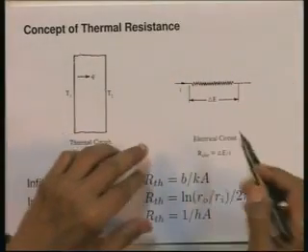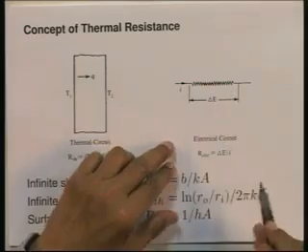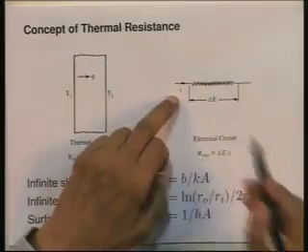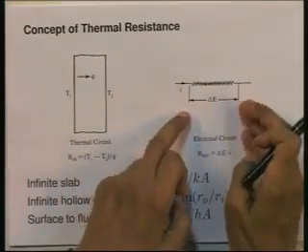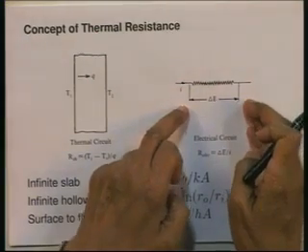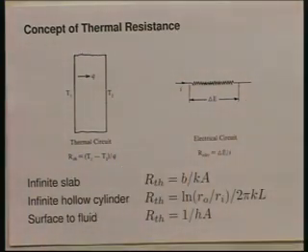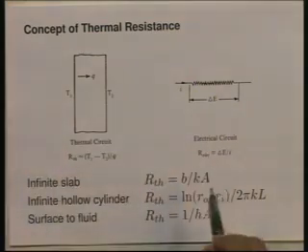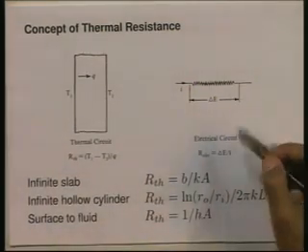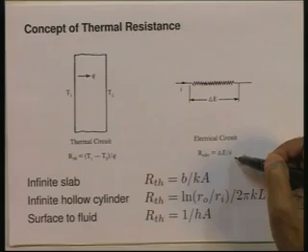Let us look at the right side of this figure. Suppose I have an electrical resistance through which a current I is flowing and across which I have a potential difference delta E. Ohm's law states that the electrical resistance R electrical is equal to delta E divided by I, right. That is Ohm's law.